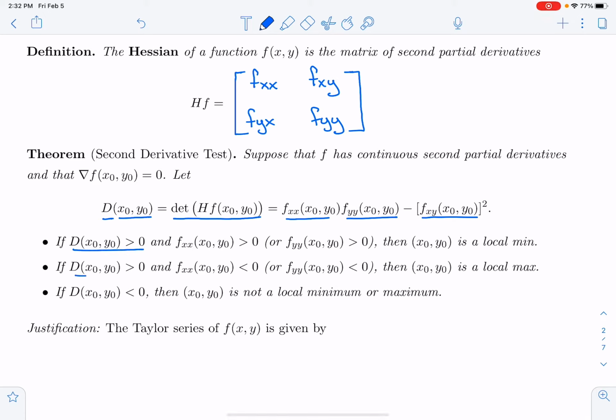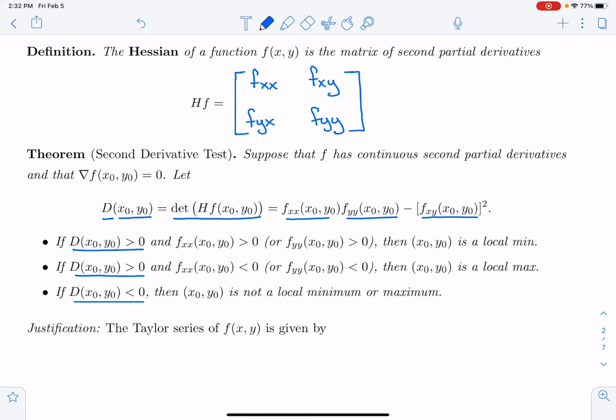If that determinant is bigger than 0, then I'm going to get a local minimum or a local maximum. And then the second case is when D is negative. If the determinant is negative, that's where I'm going to get those saddle points. I'm not going to get a local maximum or minimum. So the first step is just, is that determinant positive or negative? If it's negative, no maximum or minimum. If it's positive, then we move forward.